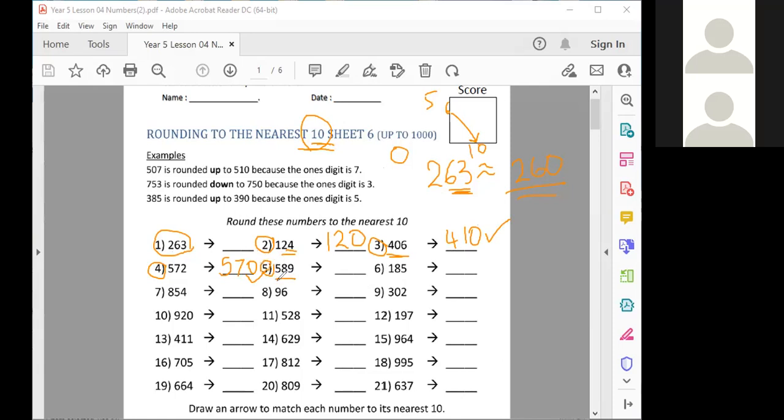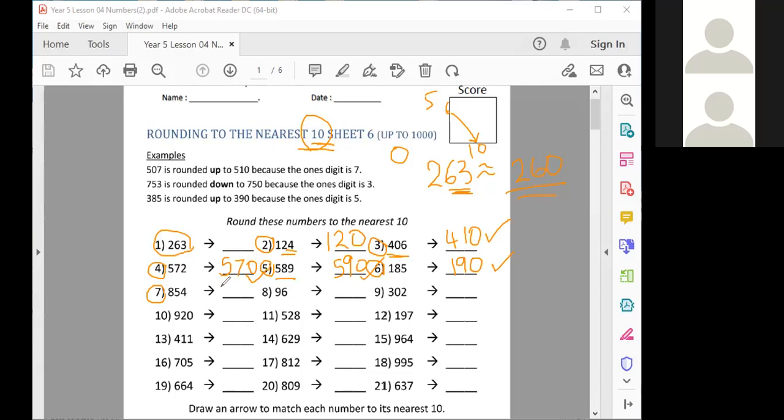Let's move on. Very good. Come on, we got to be fast, guys. 590. Very good. Okay, number 6. What's your answer? Well done. 190. Good. Go on with number 7 now. You type your answer. You also make sure you write in your module. Don't leave your module empty, okay?